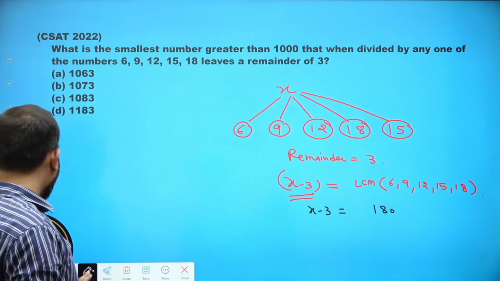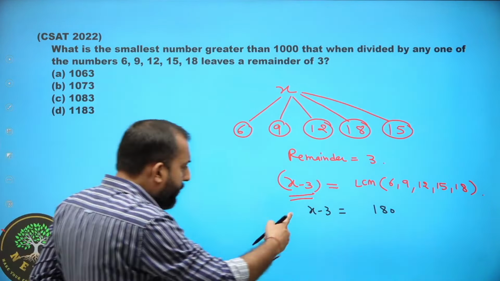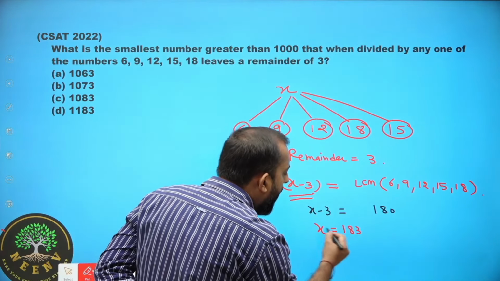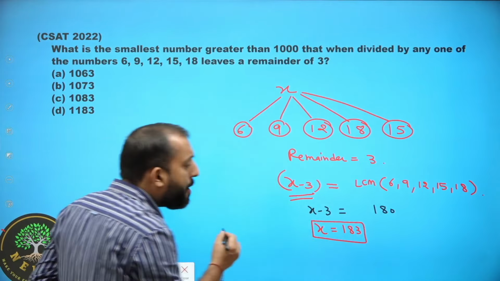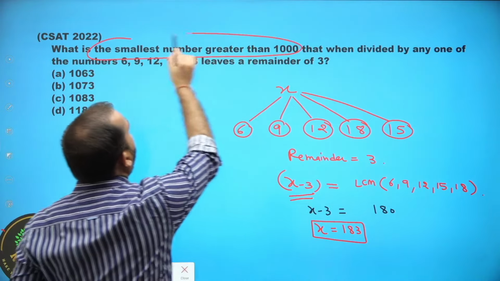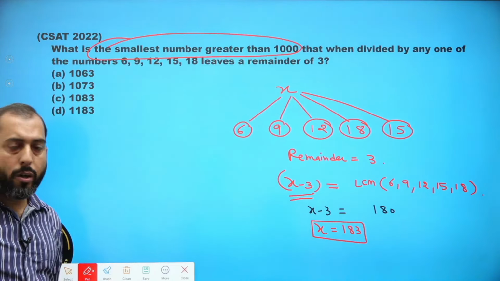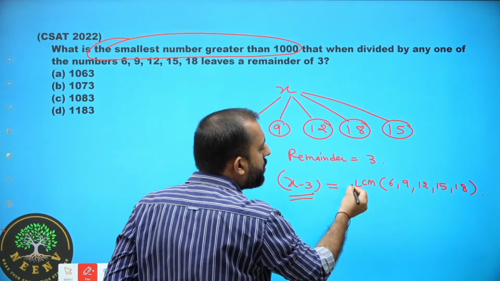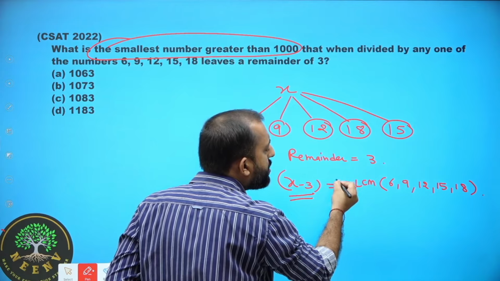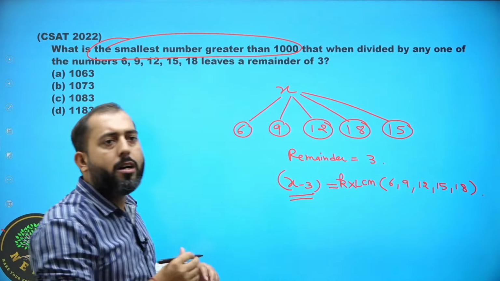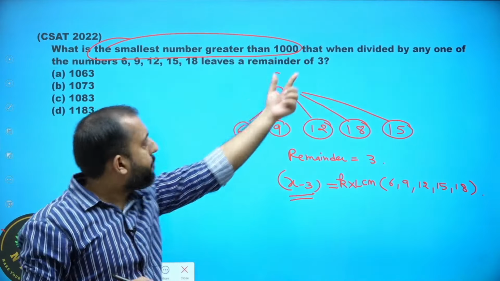Now, if I solve this further, I'll get x equal to 183. I'll be getting a 3-digit number. I am not getting a 4-digit number, not a number which is near 1000. So in this case, what you can do is multiply this LCM with any number such that the result is near 1000 and greater than it.